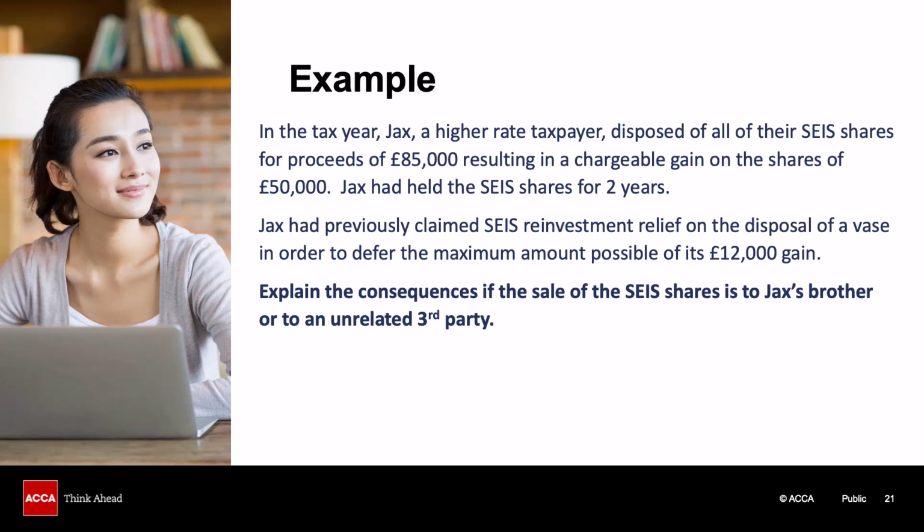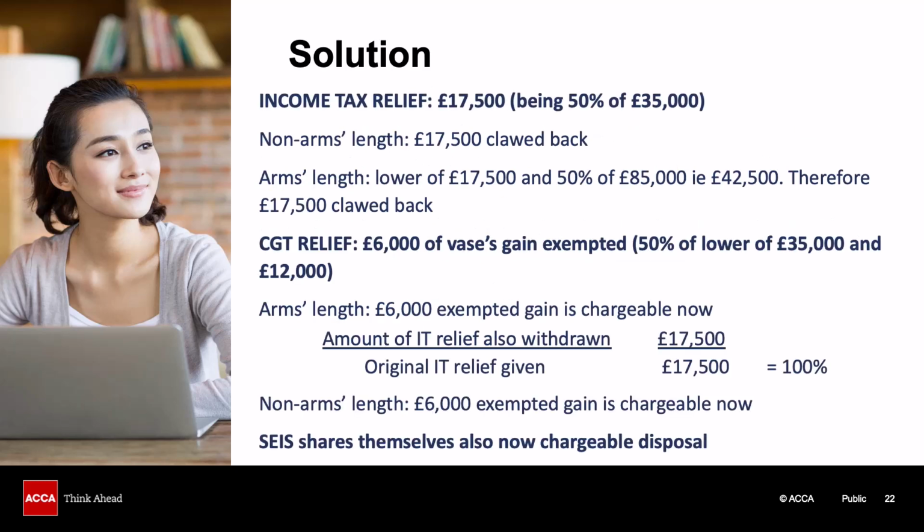Jax had held the shares for 2 years, and previously claimed SEIS reinvestment relief on the disposal of a vase in order to defer the maximum amount possible of a £12,000 gain on that vase. We have to explain the consequences if the sale of the SEIS shares is to Jax's brother or to an unrelated third party. So we've got an individual who has claimed SEIS income tax relief on the original cost of £35,000. We know this because the gain is £50,000 and the proceeds were £85,000, so the original cost must be the difference.